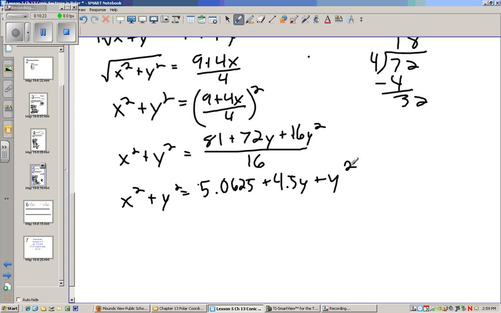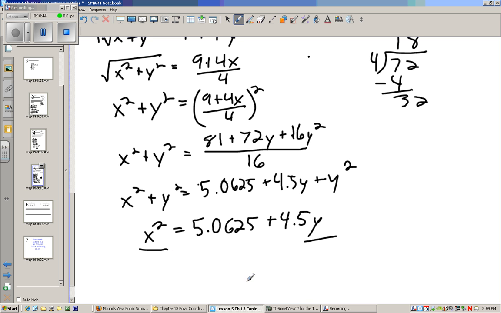So now what we do, we subtract out the y squareds. So I have x squared equals 5.0625 plus 4.5y. Now again, we could solve this for perfect squares and find exactly what this looks like, but this is good enough because we have one x squared and one variable that's not squared. So this is enough to know that it's a parabola.